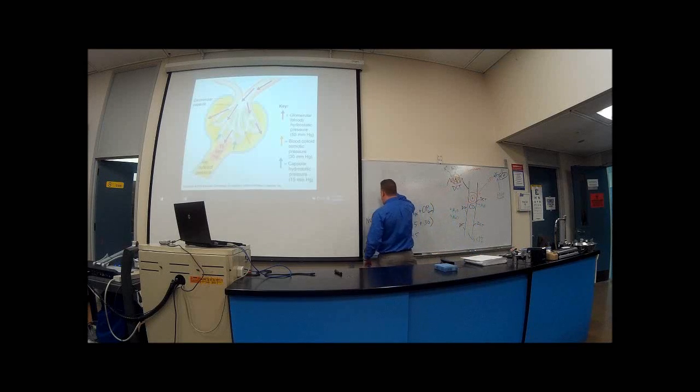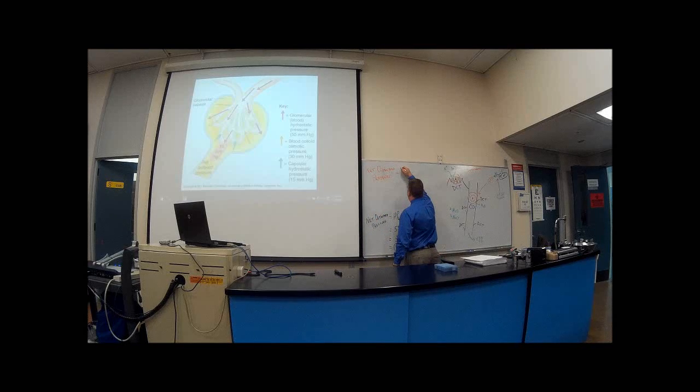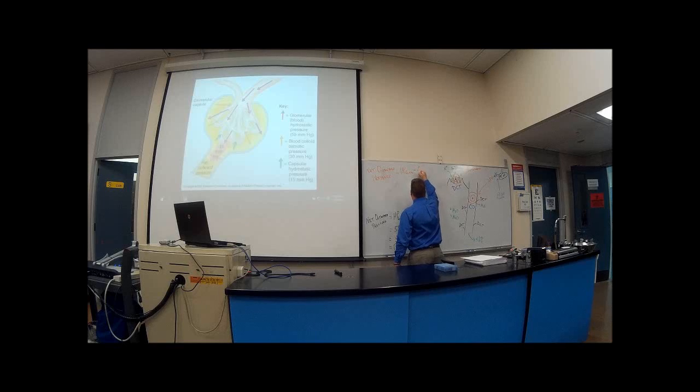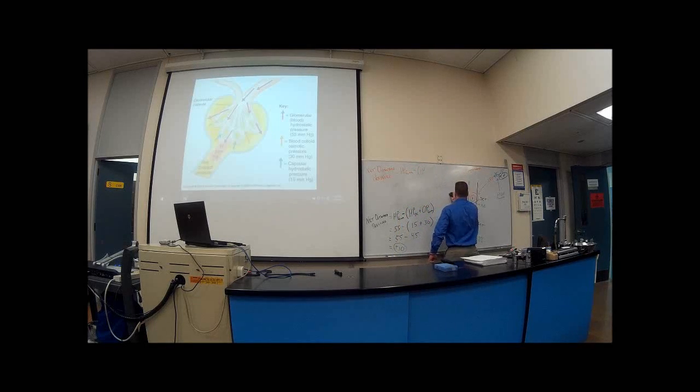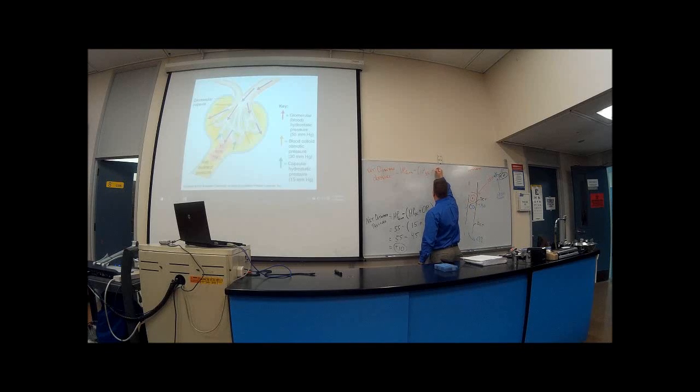We'll write it up here. We'll say that this is net outward pressure. All right, so I'll just write it again: hydrostatic pressure of the glomerulus minus hydrostatic pressure of Bowman's capsule plus oncotic pressure of the glomerulus.